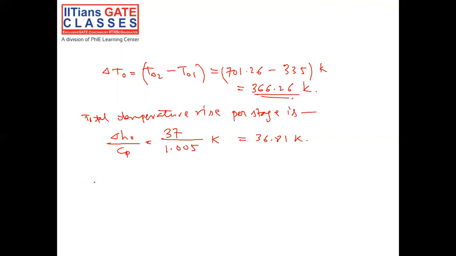And as we have obtained the total rise in the total temperature across the entire compressor, the number of stages is this total rise in the total temperature divided by the rise in the total temperature in a single stage.